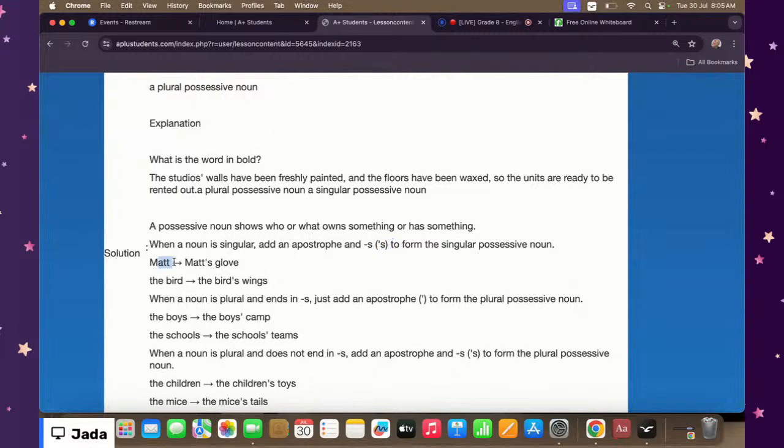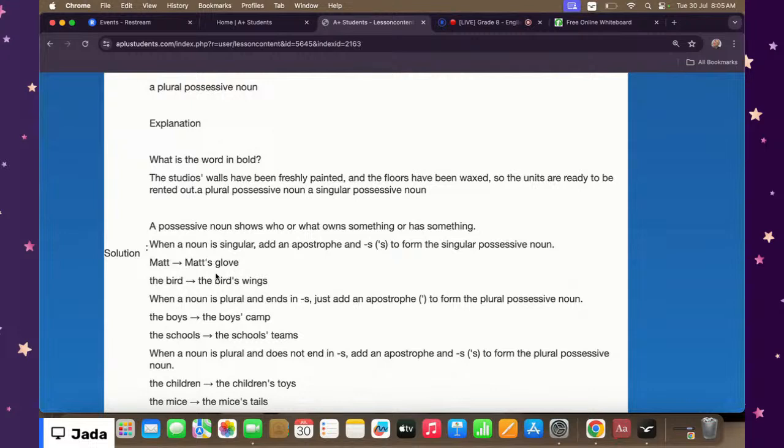For example, we have Matt, and then we have the apostrophe, and then we have S, and we have glove. So Matt's glove means the glove belongs to Matt. So the apostrophe and the S. And the bird's wings. Now you want to show a singular possessive.